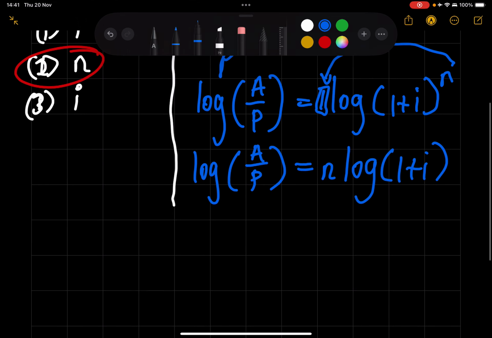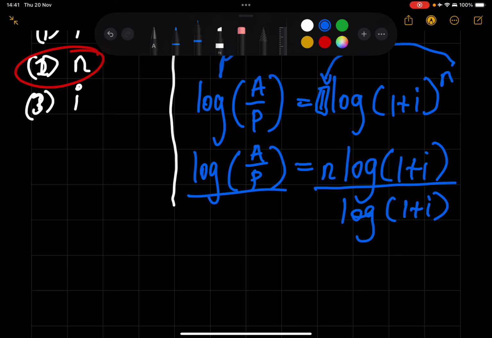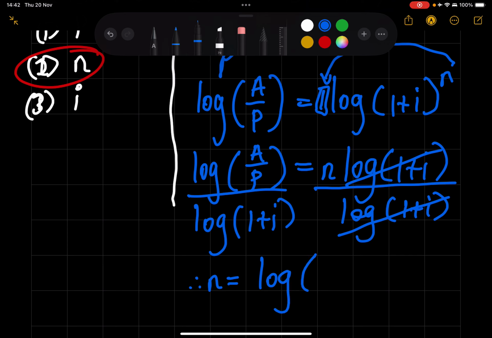And then we can see that we're going to divide both sides by log(1 plus i) to isolate the n. So log(1 plus i) on both sides, and then this cancels that. Therefore, n will be log(A over P) divided by log(1 plus i). And that is your final formula.